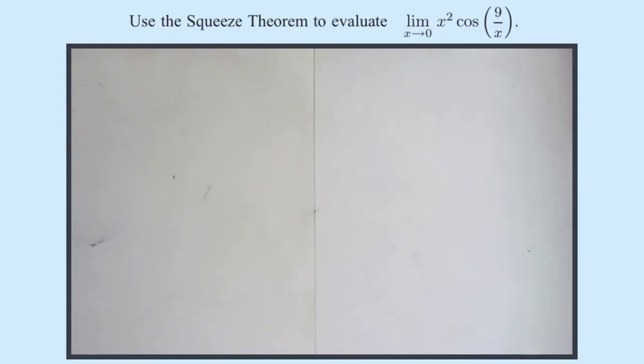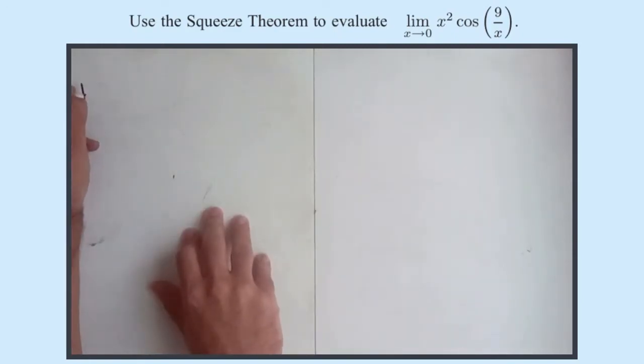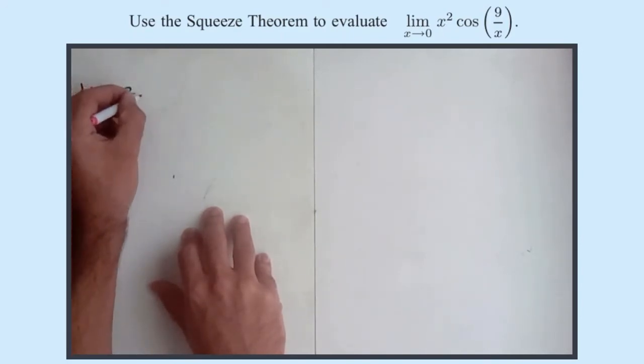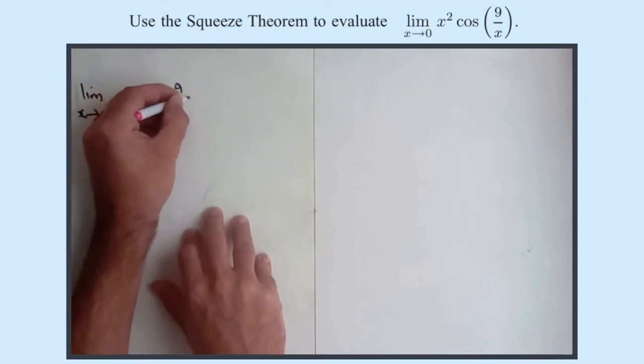And you show that these two limits, the upper bound and the lower bound, are equal, and then that gives you the actual limit that you're looking for. So you squeeze it in between two limits that end up being the same. So we are looking for the limit as x approaches 0 of x squared cos 9 over x.